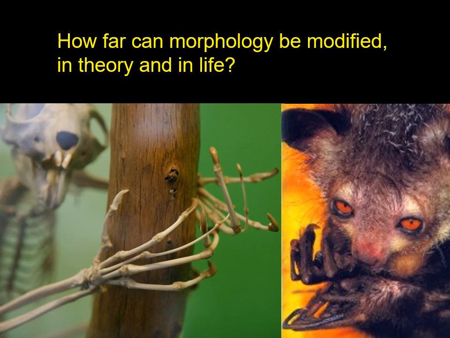Here we have tarsiers, which have incredibly long, highly specialized fingers, so they can reach those fingers into holes in vegetation where there might be termites, and they can pull out the bugs and eat them. This is a very specific type of modification where they're taking the morphology that they received from ancestors, having fingers, and have modified it to an extreme.